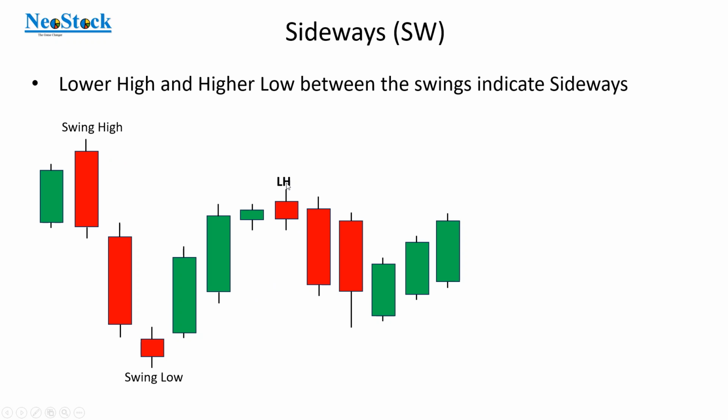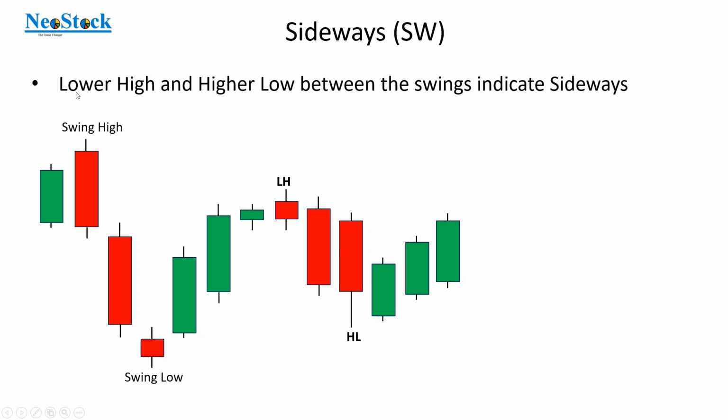So it is LH, lower high. Now compare this swing and the new swing. This is the recent swing. This is the previous swing. What do we have to compare? The low. Now this swing low and previous swing low, is it higher or lower? The present swing low is higher than the previous swing low. So we get higher low, HL.